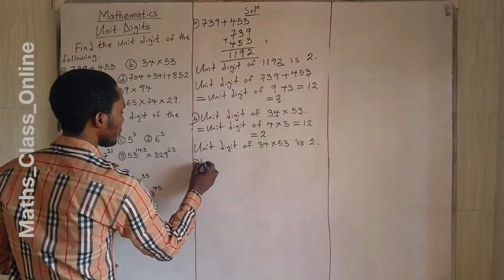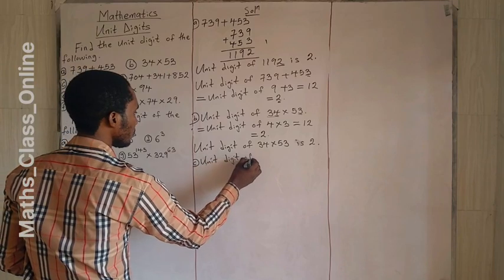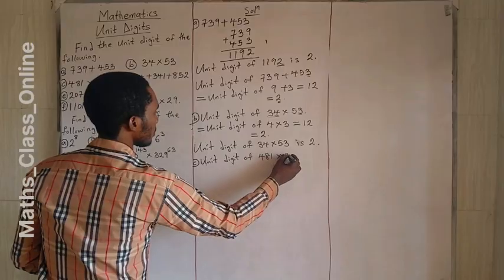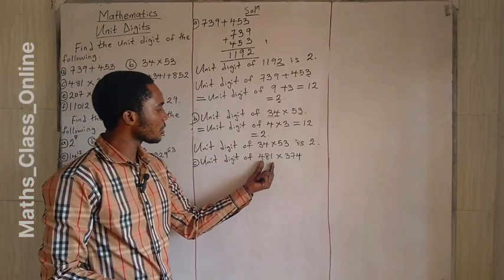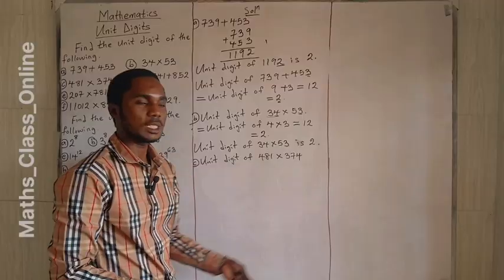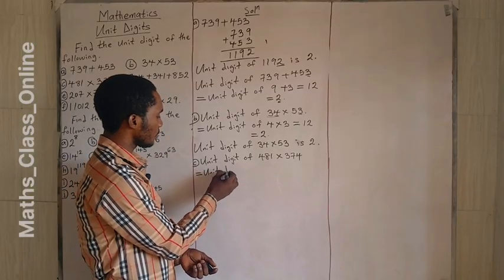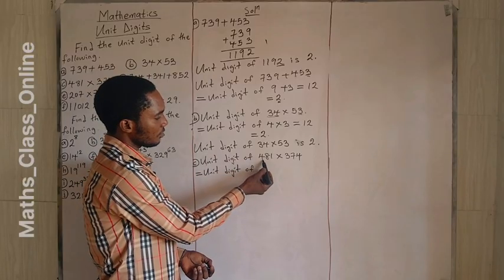The next example we have here is 481 multiplied by 374. The unit digit of 481 multiplied by 374 is the same as the unit digit of, what is the unit digit of 481?